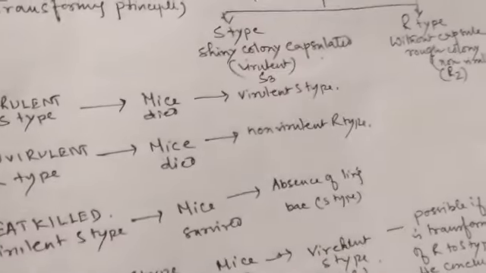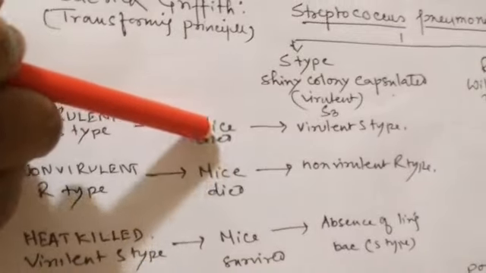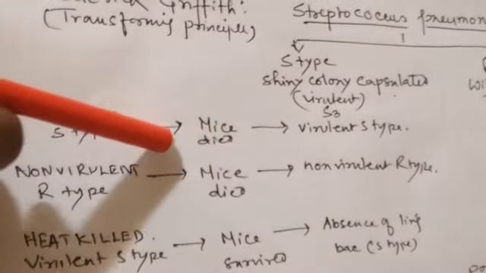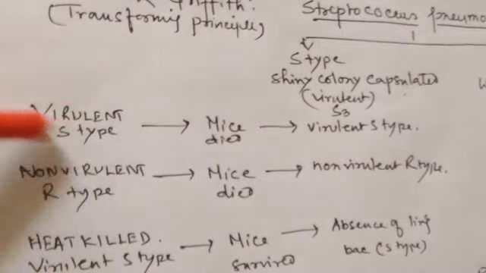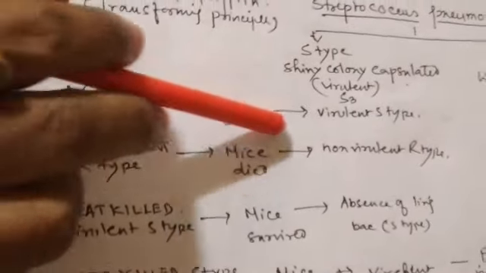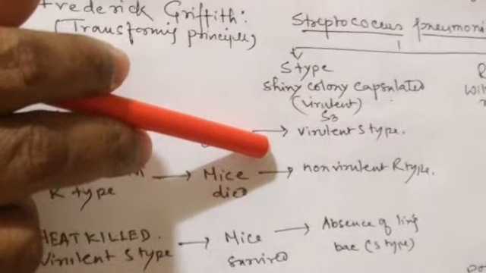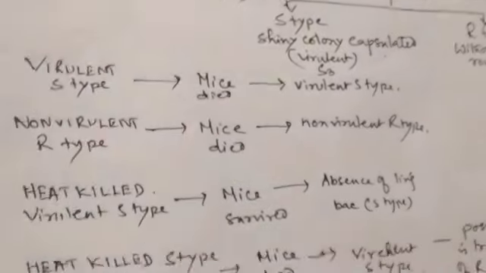He took that living virulent S type, injected it into the mice, and found that the mice died. What it implies is that it can cause pneumonia, and that is why the mice died. So it is the virulent type.